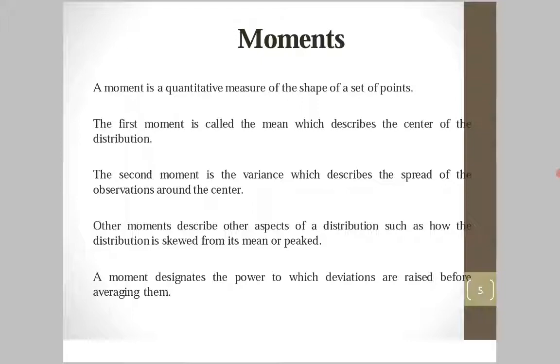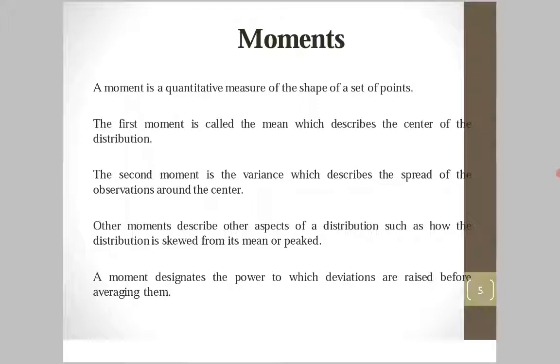So the first moment is called the mean. The mean generally exists at the center of the distribution of the data. We have to find the mean to locate the center of the numeric data.